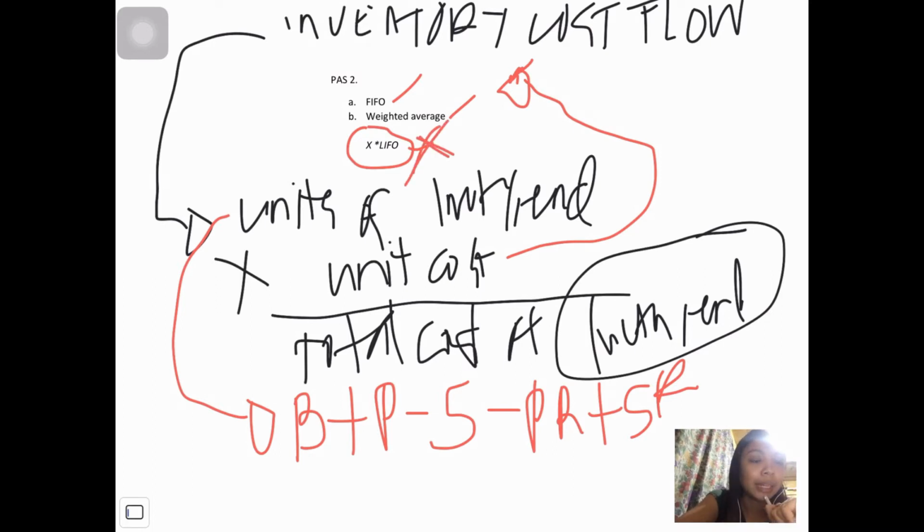This first in, first out, guys, is our inventory, the first inventory we have would be the first to be sold. Hence, what is left in inventory end is the latest purchases. And to get the unit cost in FIFO, whatever the unit cost was of the units that were purchased, that is what you will use.